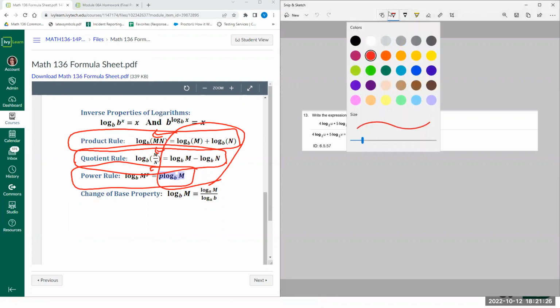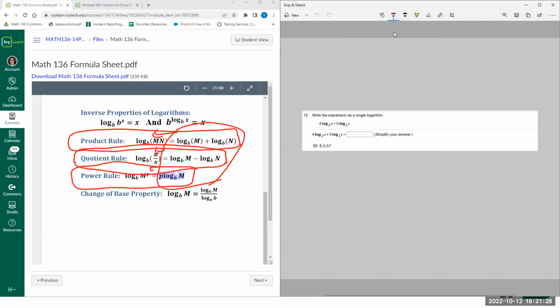In this case, I would recommend doing it one step at a time, where you first apply the reverse power rule to get those exponents. We have the 4 log base 2 of u, the 4 becomes a power on the u. And then the 5 log base 2 of v, the 5 becomes a power on the v.